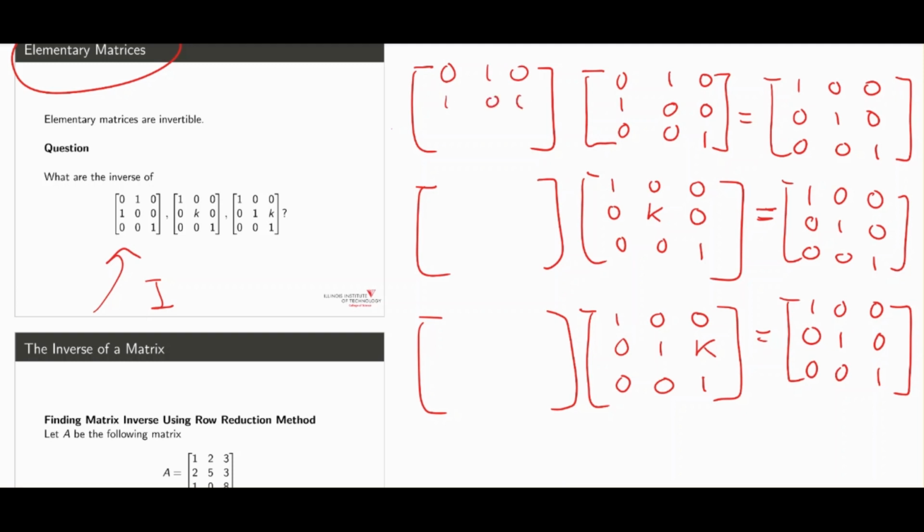As you can see, this one right here, multiply this. What they would do is take 0 of this, and then 1 of this, and then 0 of this. So you get this one.